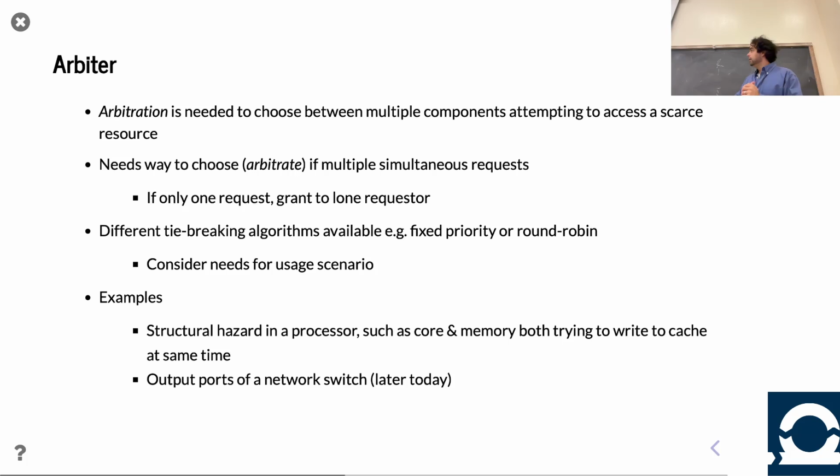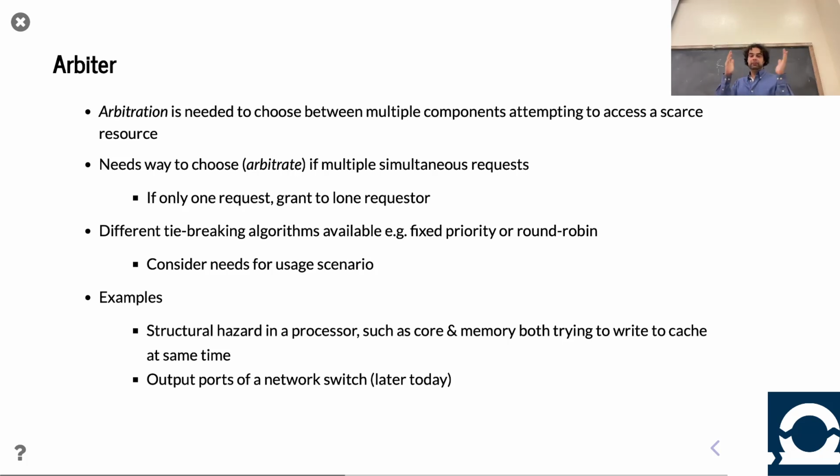That's easy. Arbitration comes up when you need to handle ties. We have multiple requesters at the same time and we can't satisfy all of them. How do we do that? Well, the arbiter decides. There's some algorithm inside the arbiter that determines, when we have multiple entities making a request and we can't provide all of them, who wins.